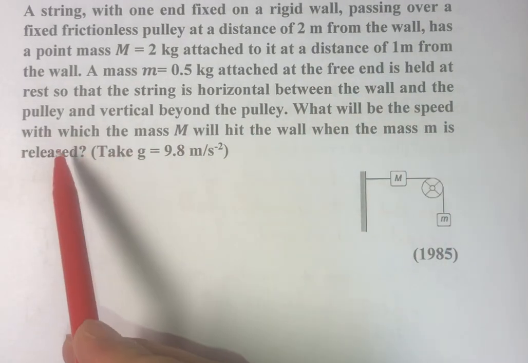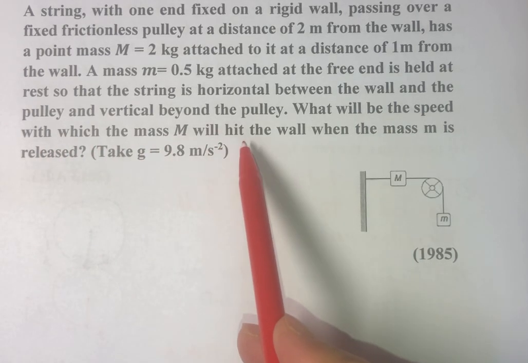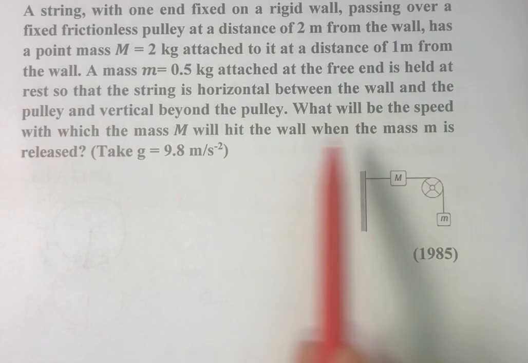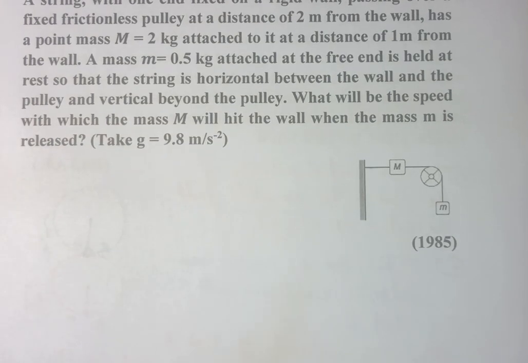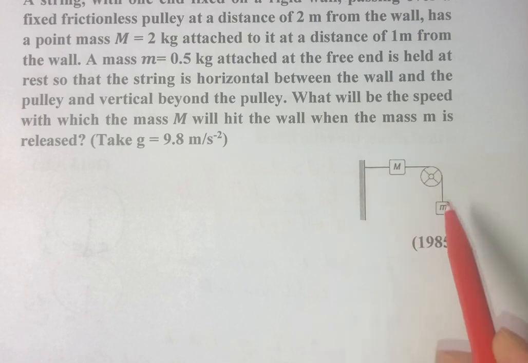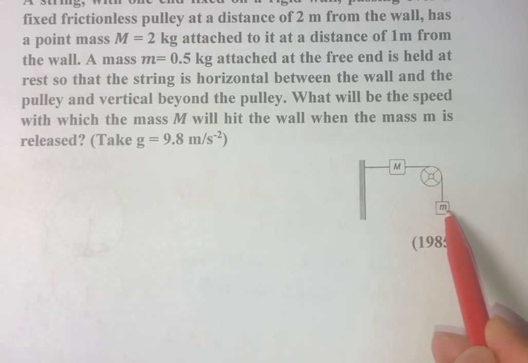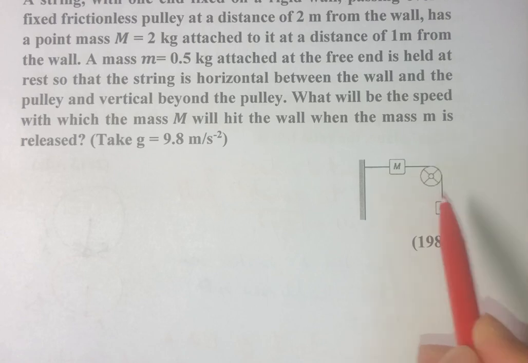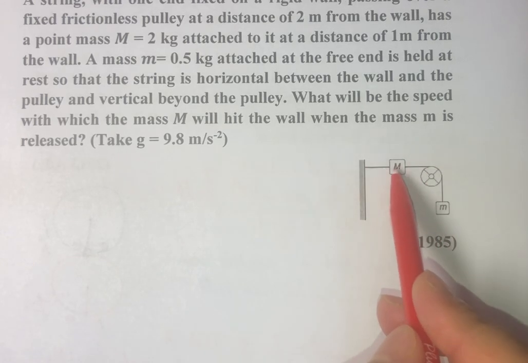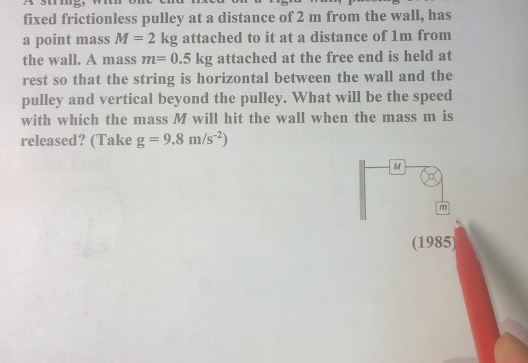What will be the speed with which the mass capital M will hit the wall when the mass small m is released, taking g as 9.8? So this is the figure. We have a capital mass M and a small mass m. Initially this mass is held at rest so that the string is horizontal here and vertical here.